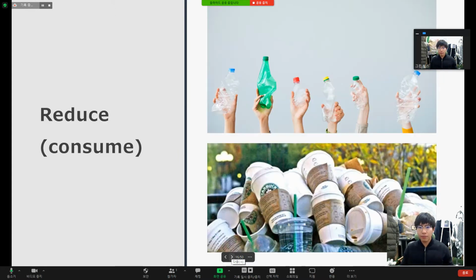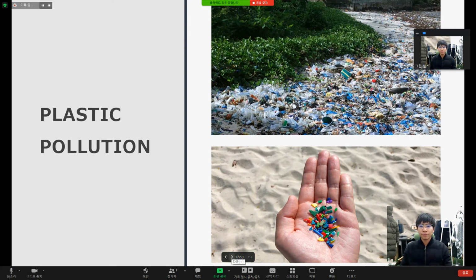Another way to reduce consumption is reducing single-use plastic, like single-use water plastic bottles, and also those Starbucks coffee paper cups. We try our best not to use them. Because of plastic pollution, we are in an emergency of reducing unnecessary plastic.